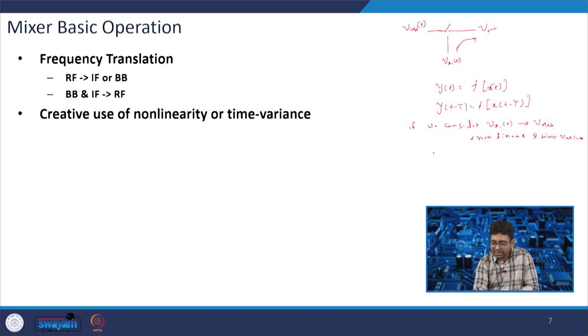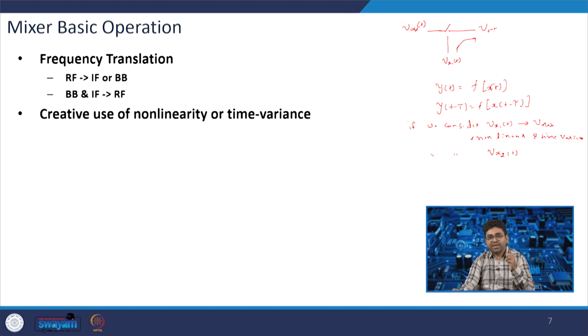But if we consider Vx2(t), then what is happening is that when the switch is on and off, you are getting Vx2(t). If you try to increase the amplitude of Vx2(t), the only difference is that it gives the output when Vx1 is on, and when it is off you are not getting any output.